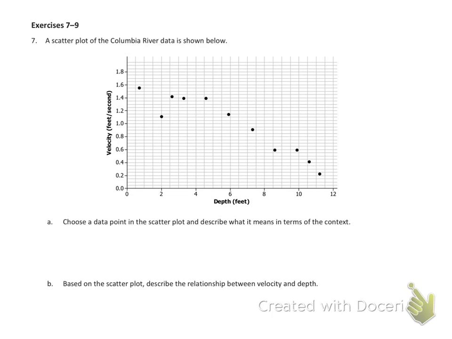So here's our scatter plot, and we want to analyze it. We can see the trend that we looked at in the data. It's a negative trend. Choose a data point in the scatter plot and describe what it means in terms of the context. Just choose any point and describe what it means.